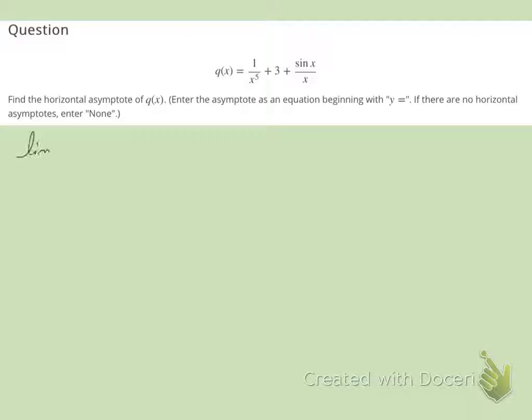So we're going to look at the limit as x approaches positive infinity of 1 over x to the fifth plus 3 plus sine of x over x. And using our limit laws, we can pass this limit through and find the limit as x goes to positive infinity of each separate term.